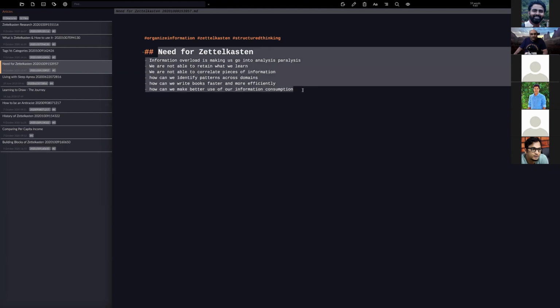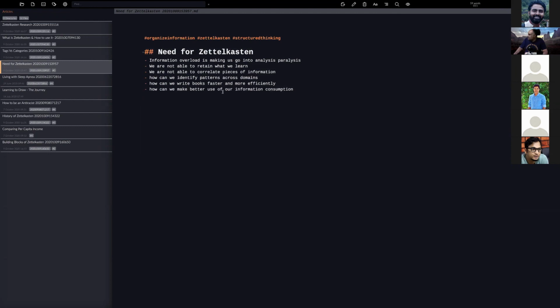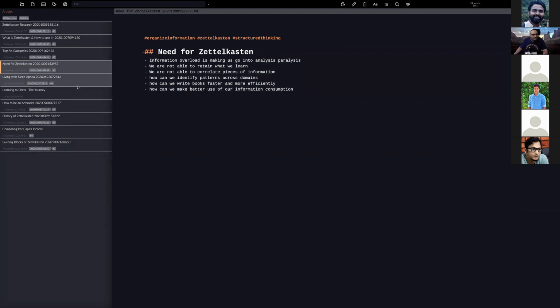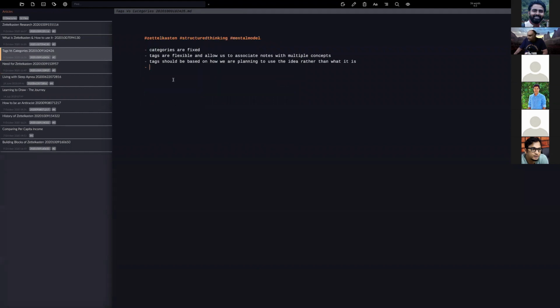For this particular card, I put down the six topics that I wanted. Then I went to, let's say, tags versus categories. In tags versus categories, I took down three important sentences based on what I thought was important for this conversation.